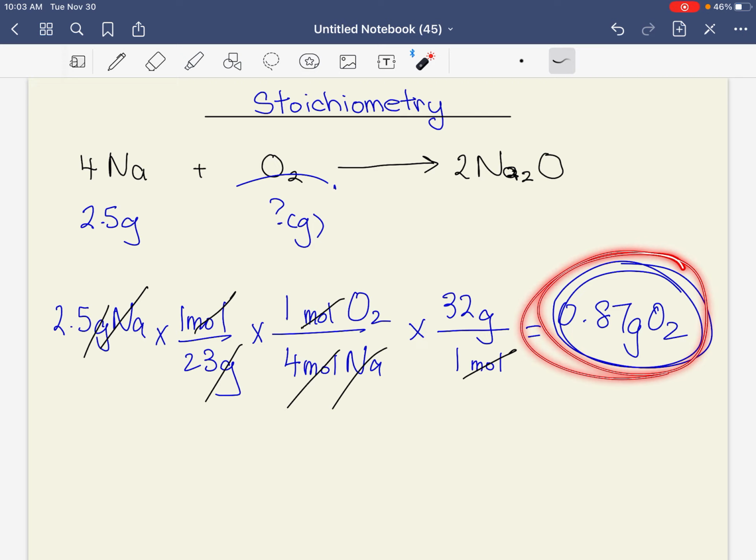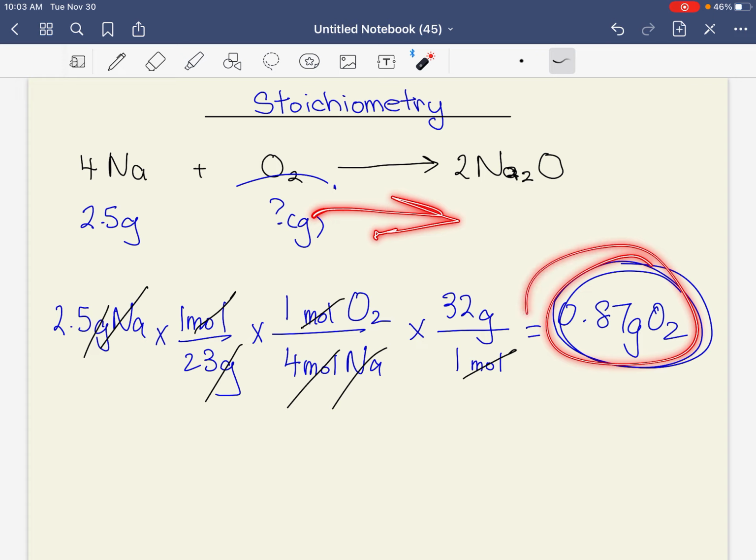Because if you don't have enough of this, this reaction will not go to completion. If you have over 0.87, that's okay. That just means that O2 is in excess. This will set up my next lesson: limiting and excess reagent.